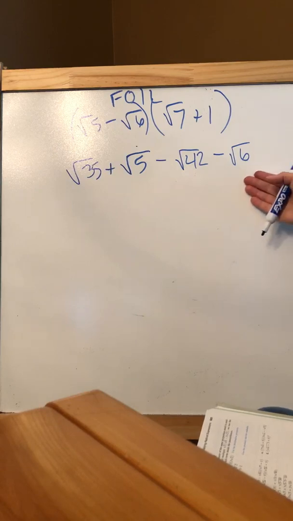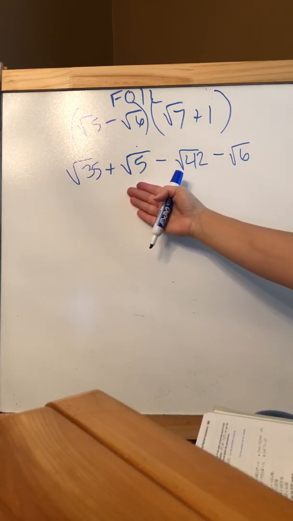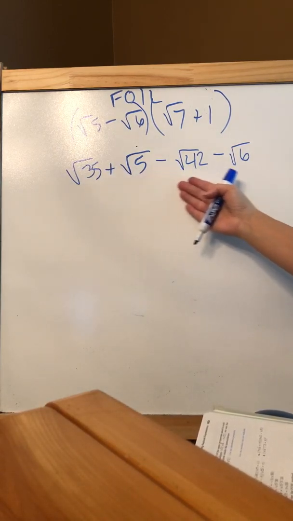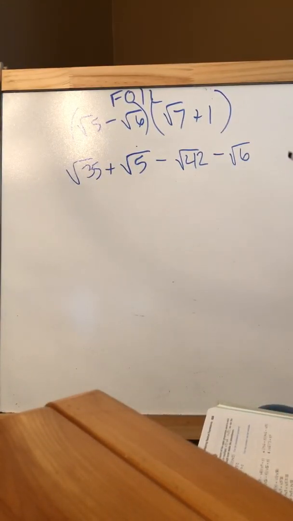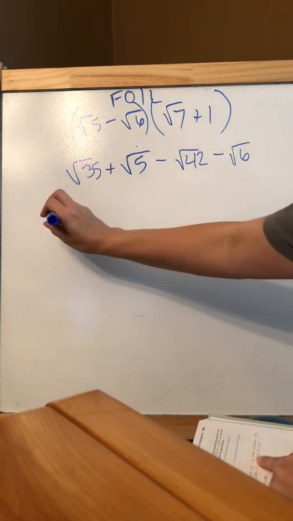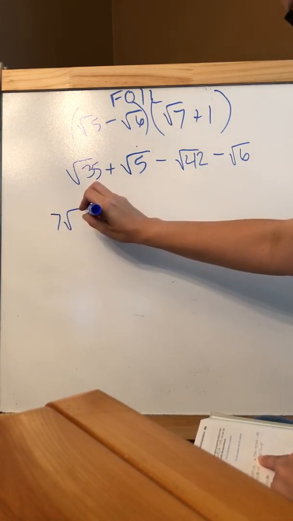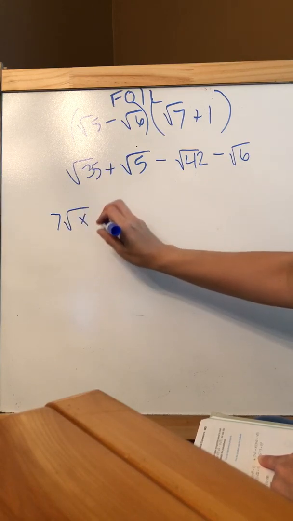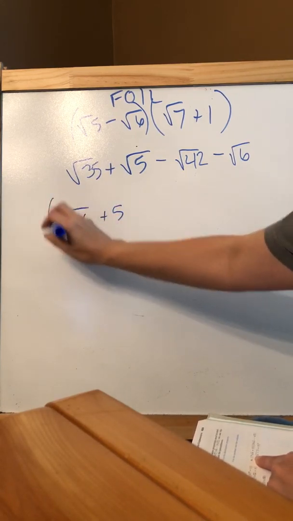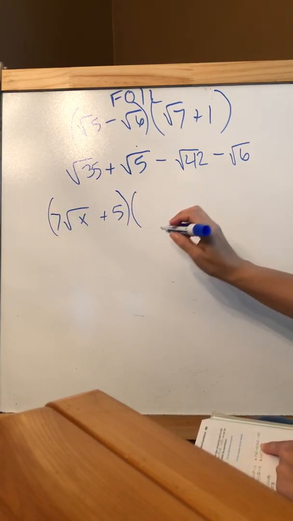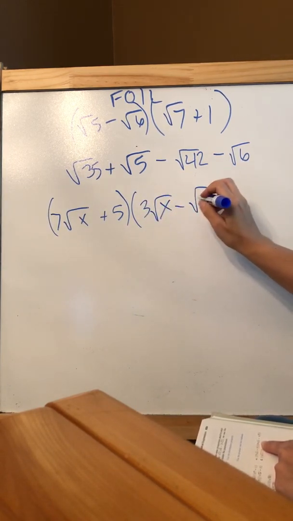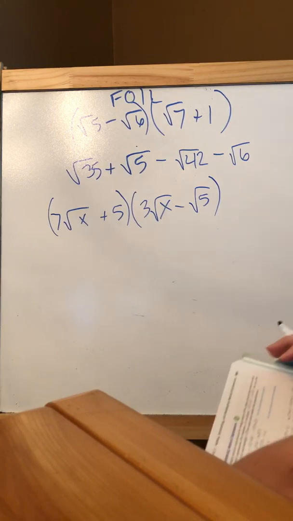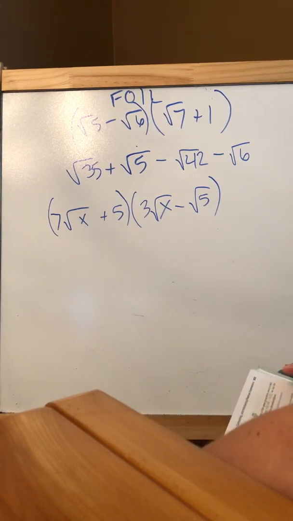So we're finished here because nothing can be broken up, simplified, or combined. So that's it. All right, look at C. C says 7 times the square root of x plus 5 times 3 times the square root of x minus the square root of 5.